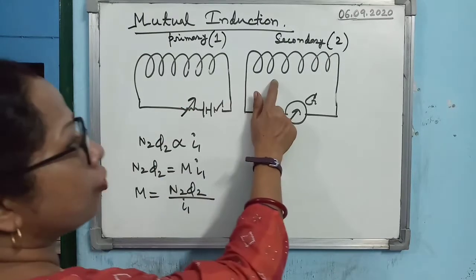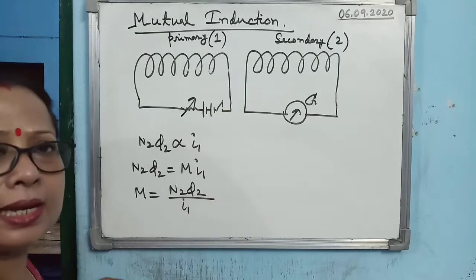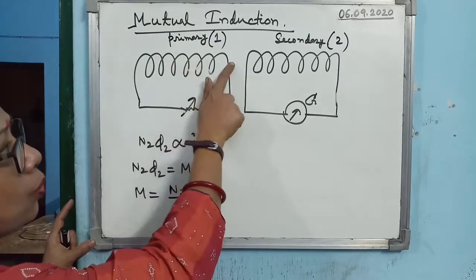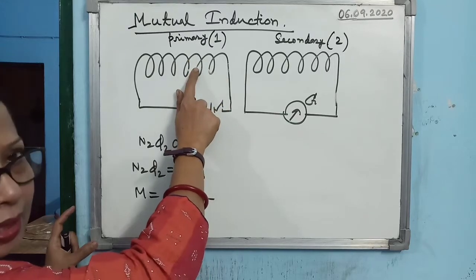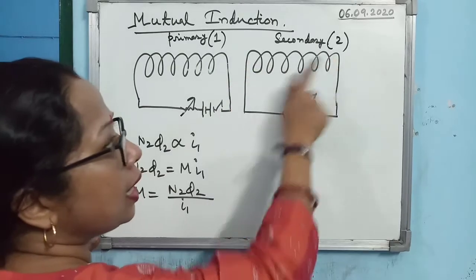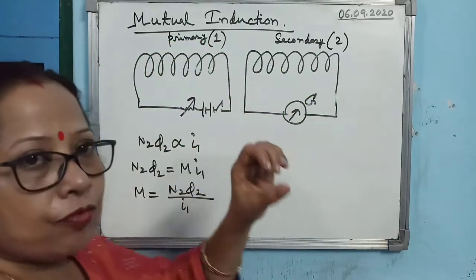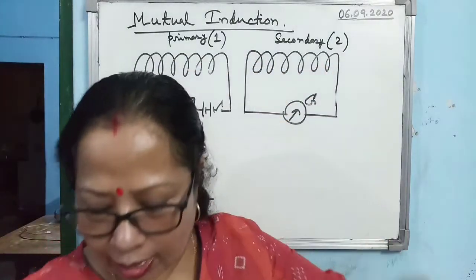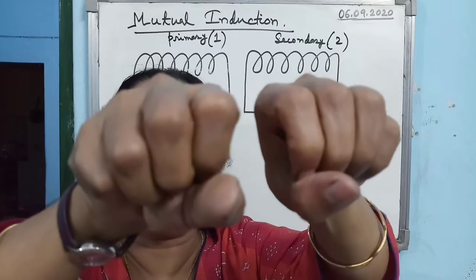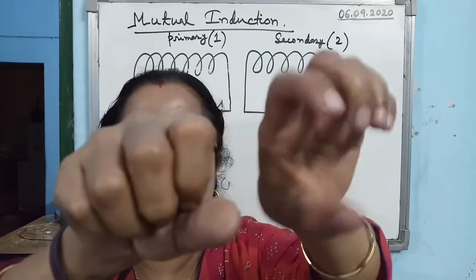In front of it, another coil is placed in such a way that they are magnetically coupled. Magnetically coupled means the magnetic flux coming out from the primary will pass through the secondary. If the two coils are placed like this, one in front of the other, the flux coming out from the first will pass through the second.